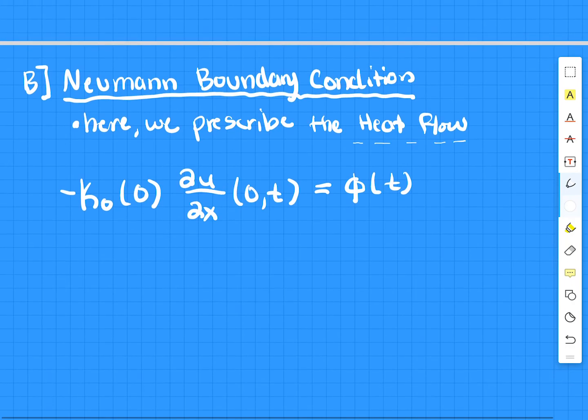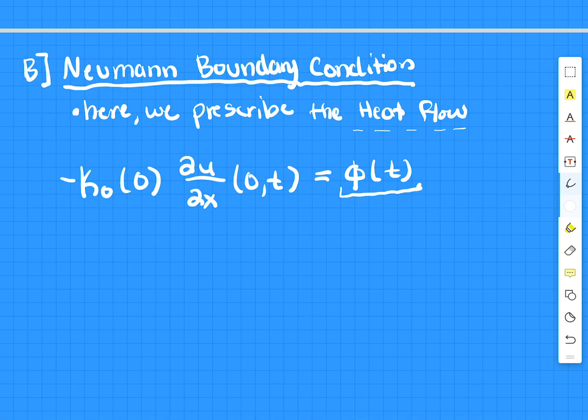And what this is saying is, if you look at this equation, for the x variable, essentially we're prescribing it to 0, such that our remaining function will only be a function of t.